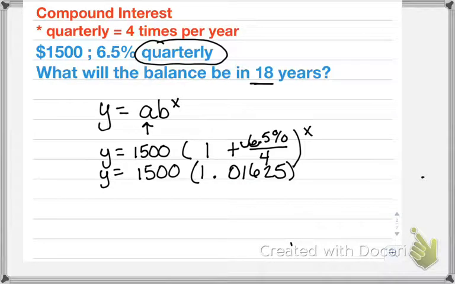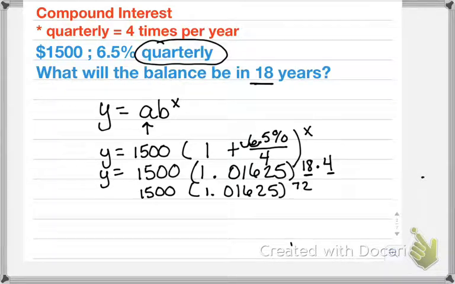Well, for our particular case, we're talking about 18, and we know that there's 4 quarters in each year. So we have to do 18 times 4 to get our true number. This was our 18 years, and we know there's 4 quarters. And we're going to end up with 1,500 times 1.01625 raised to the 72.